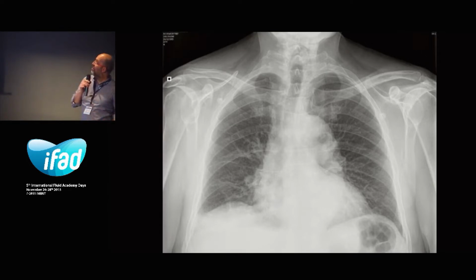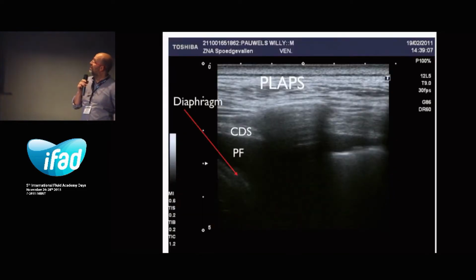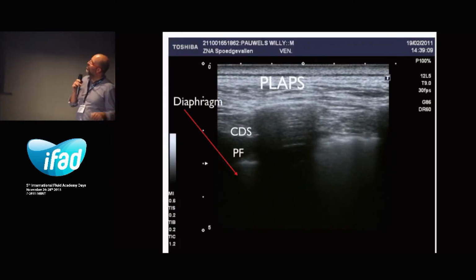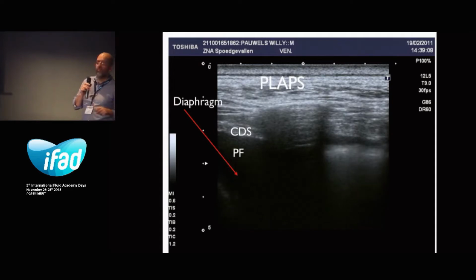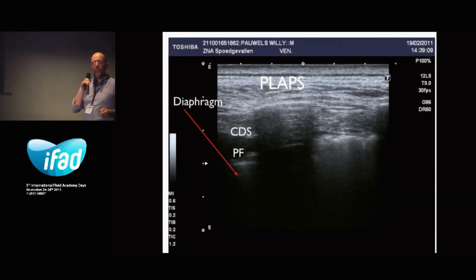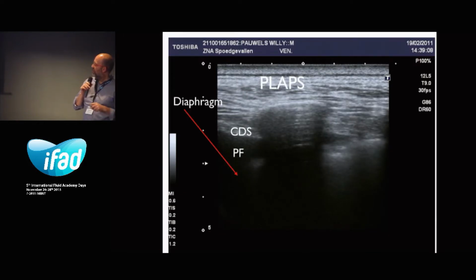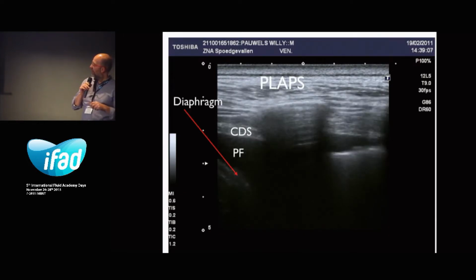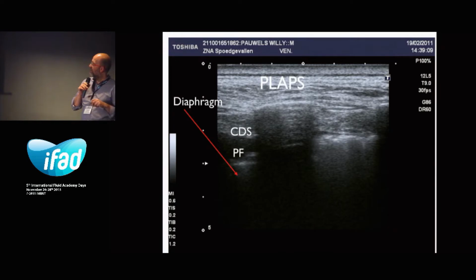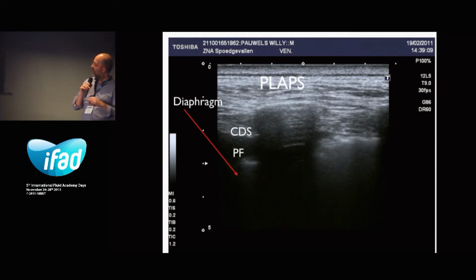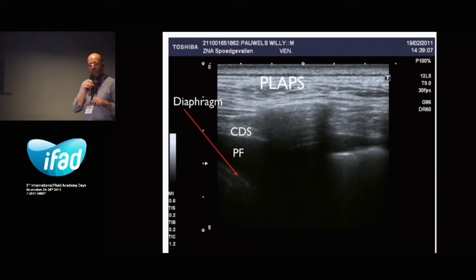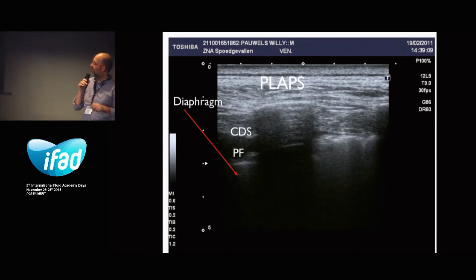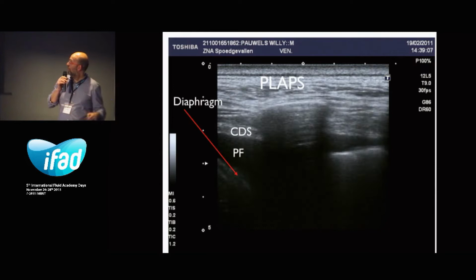And when you do the scanning with a linear probe, you have a very big image of what you're looking for. You see the rib shadow, the diaphragm line, and you see some pleural fluid, and the lung underneath is very irregular with what we call the C profile. This is a typical example of a lung with pneumonia.